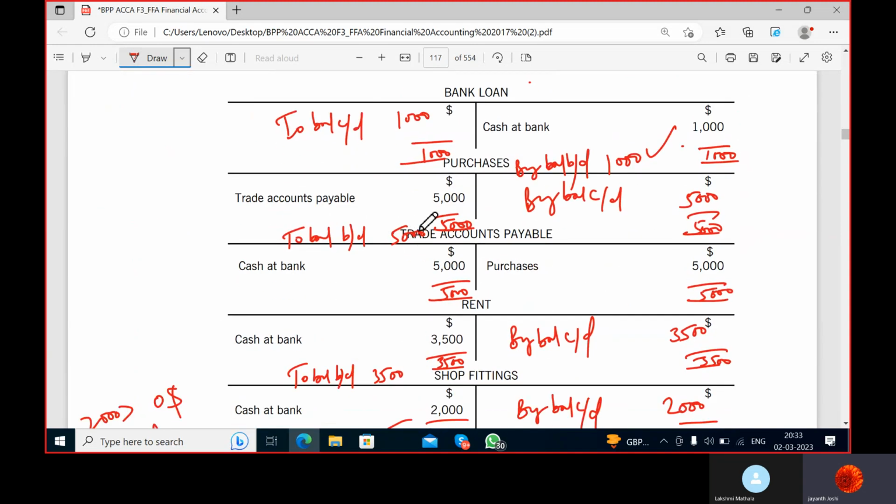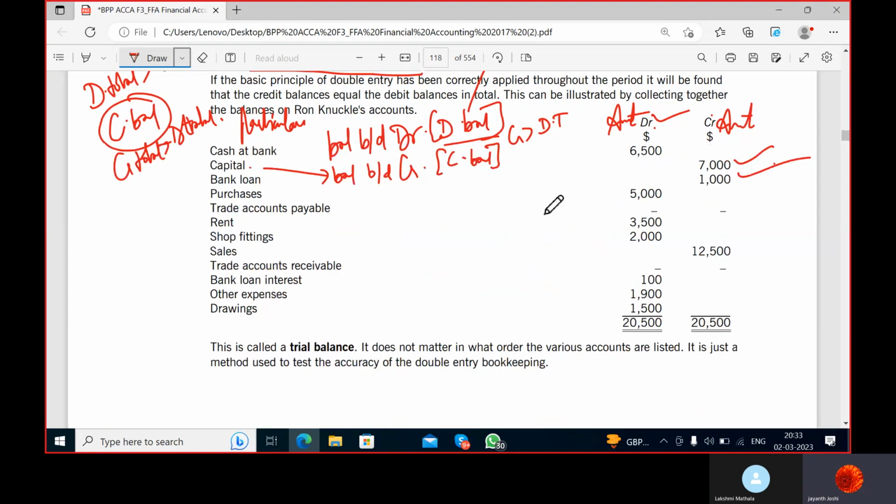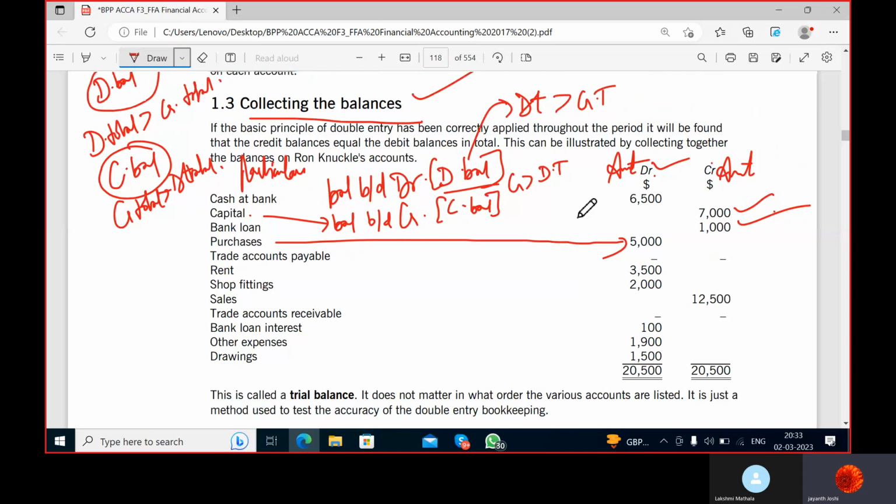And purchases. Where is the brought down balance? Which side? Debit side, because the debit total is more than the credit total, so it shows a debit balance. So the brought down balance is also a debit balance. So purchases debit. In the same way, we'll just post all the amounts here.